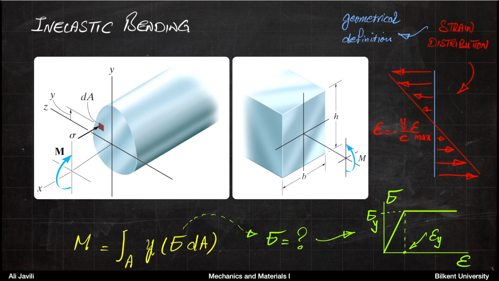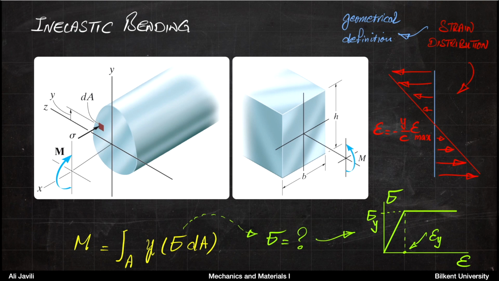Now, if you want to see the stress distribution, previously we assumed that we were always within the elastic range. And within the elastic range, because strain and stress are proportional, linear strain also meant linear stress. So previously, the stress was also linear because the strains were linear.